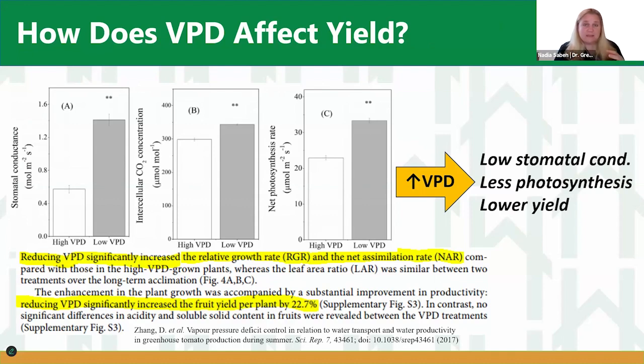So that means that not only could we actually reduce the amount of water that gets evaporated, but we could also reduce the amount of carbon dioxide that comes into the stomate, into the plant to do photosynthesis. And so, what this ultimately means is that we'll have lower rates of photosynthesis and lower yields at a higher VPD when the air is really dry. And I know nobody wants that.